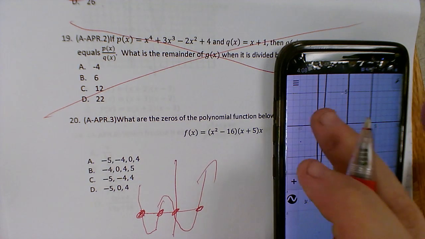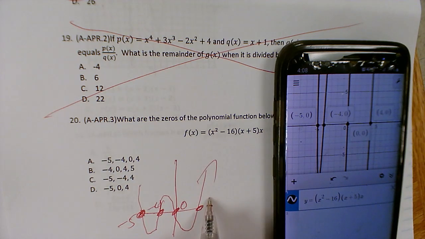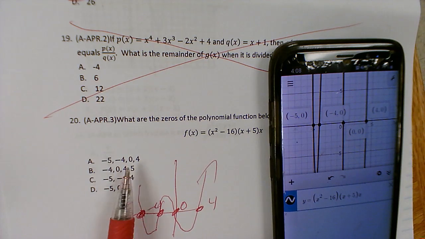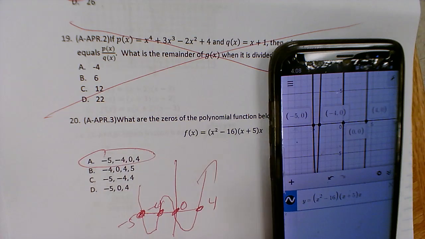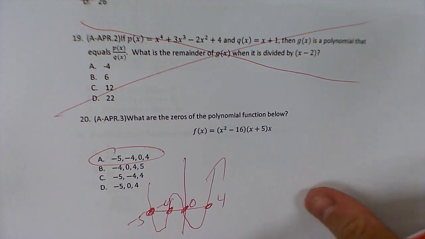The x-axis crosses at -5, -4, 0. Hey, that's perfect. And then 4. So -5, -4, 0, 4. And that's our final answer. 20 questions done. So, time to do more.